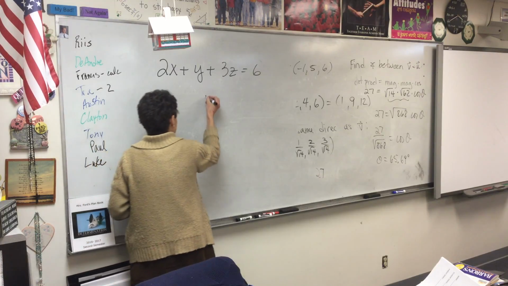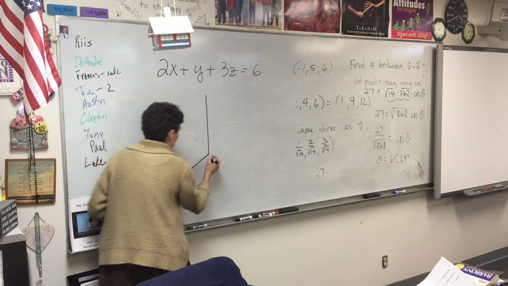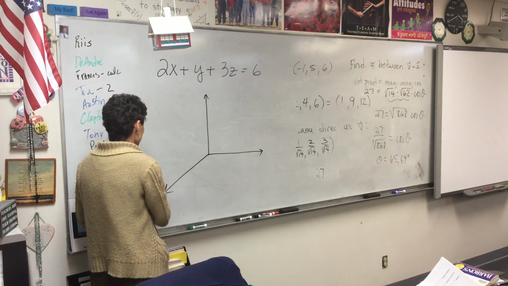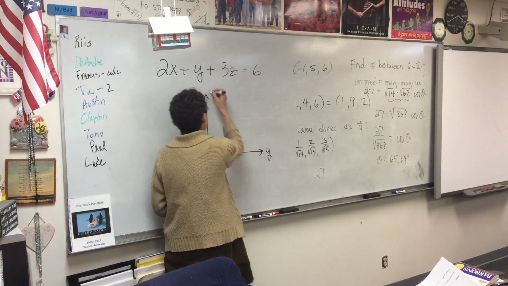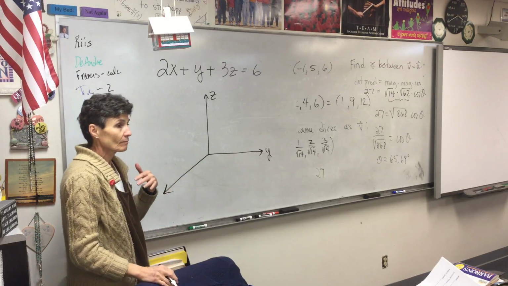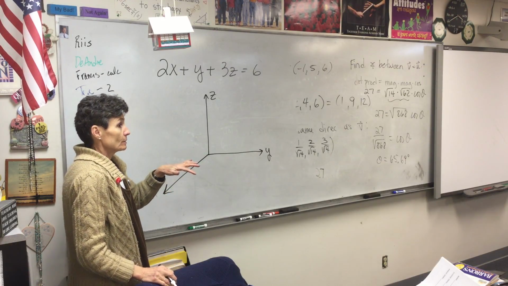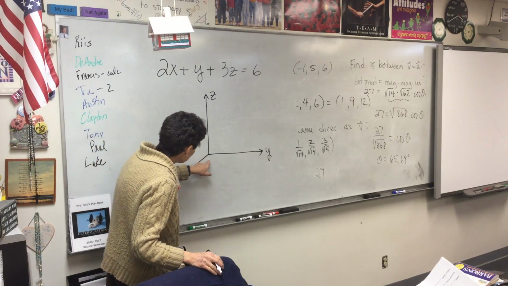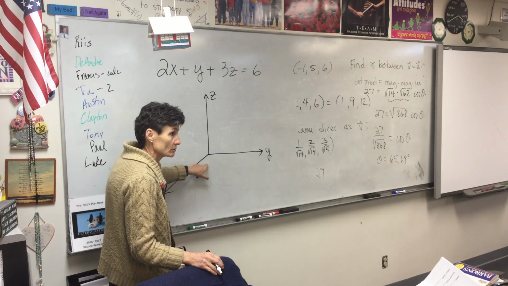So here's the axis system that we traditionally use when we graph in three dimensions. This is X, this is Y, this is Z. Now, it doesn't look like it, but all of these angles here are right angles.